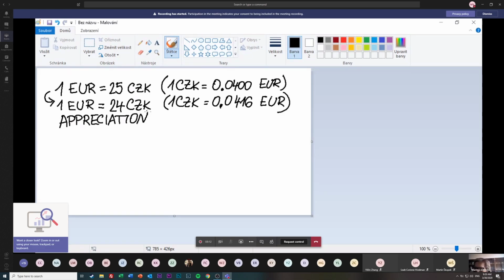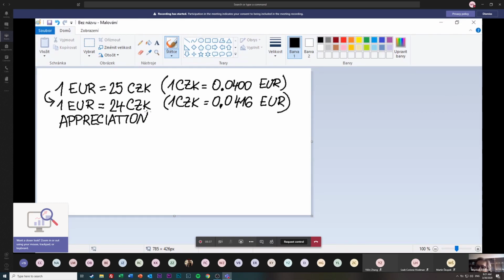Once more, if you see both brackets, you can see very well that in the first line the price of the Czech crown was 0.0400. In the second line, 1 Czech crown is for 0.0416.